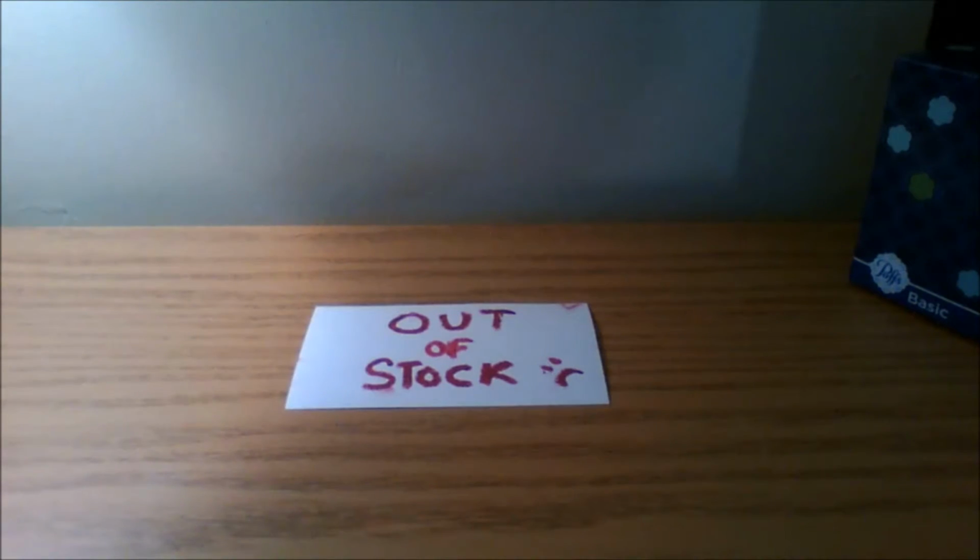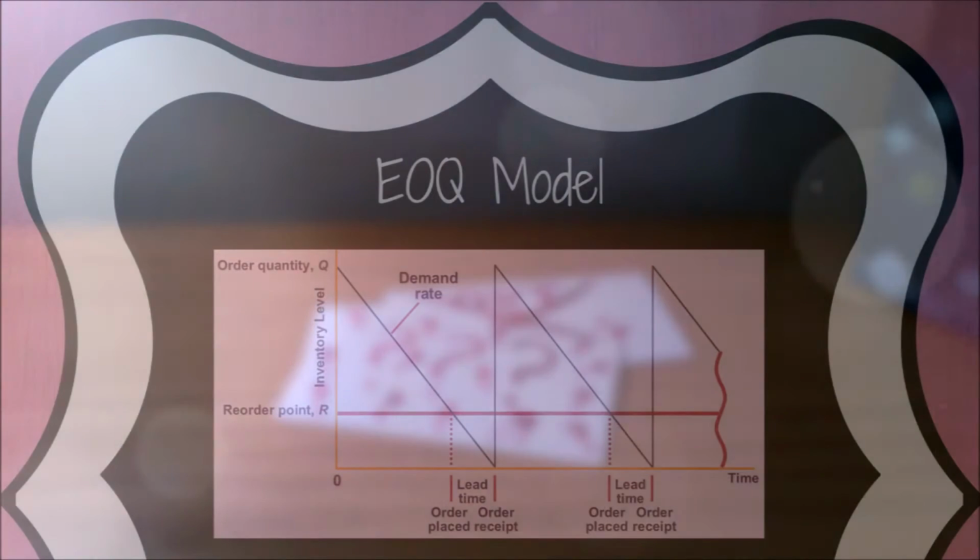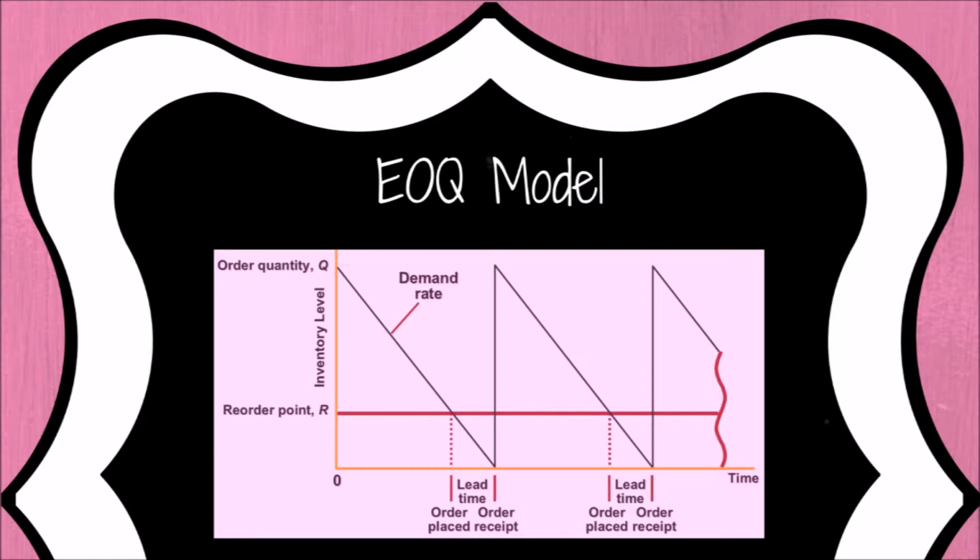So, when a product is in high demand and shortages in inventory are not an option, what do we do? And here we have a visual representation of the EOQ model. As you can see, as the inventory level decreases with the demand rate, it will eventually surpass your reorder level, which is the fixed amount where you decide to restock your inventory if it is surpassed.